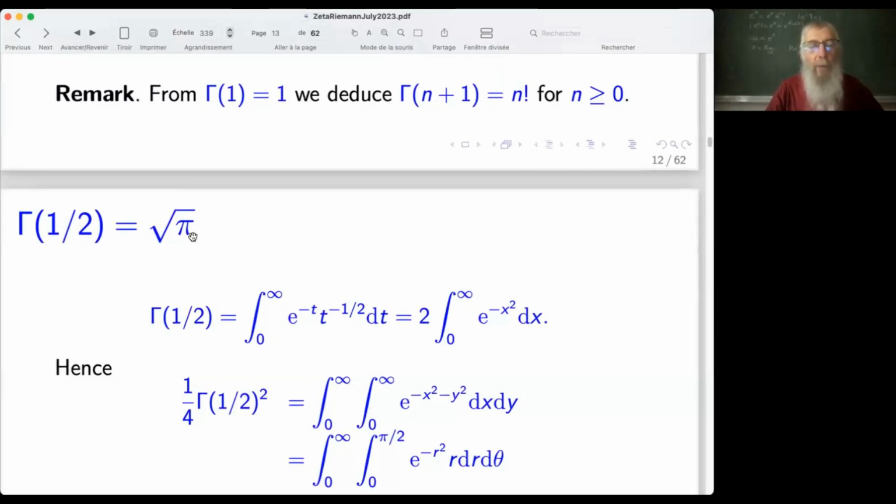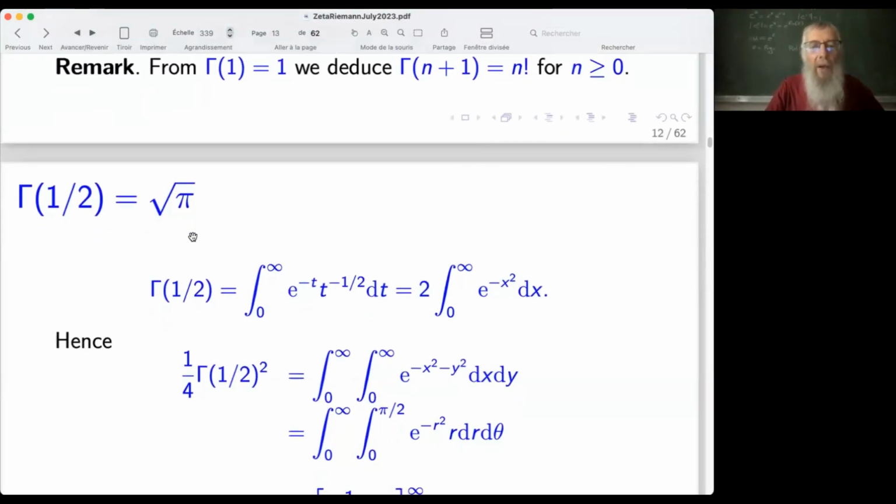One proof is the following. We use the definition of gamma of 1/2. We have an integral, and then with the change of variable, we find that it is twice the integral from 0 to infinity of exponential minus x squared dx, just by the change of variable x squared equals t.